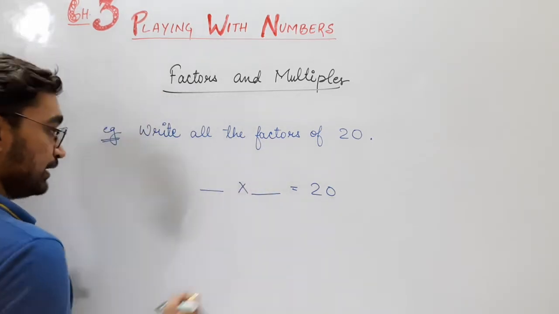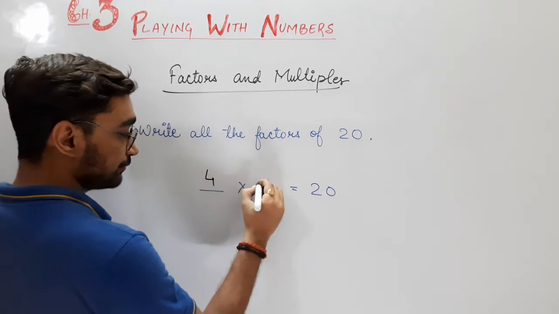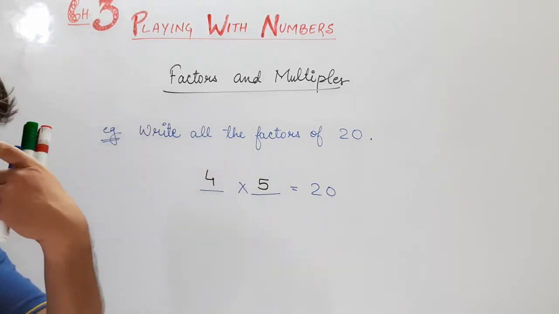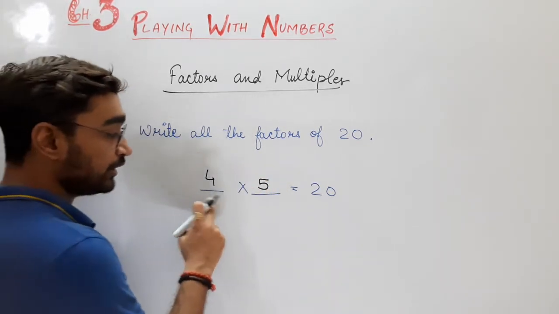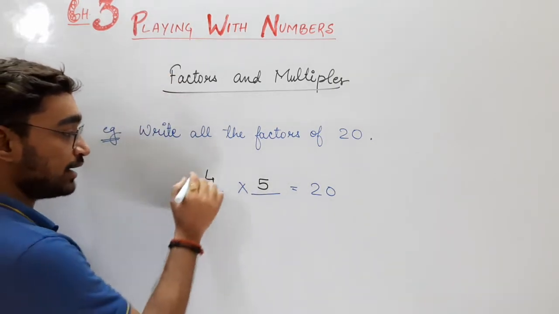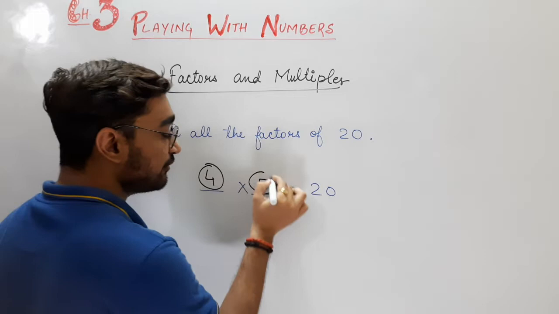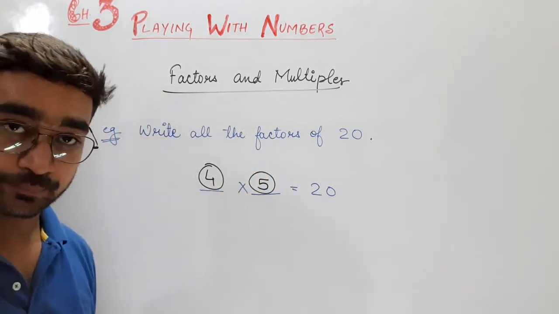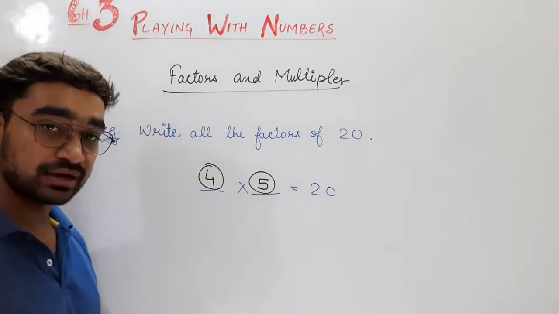Everyone can say that 4 and 5. Yes or no? 4 into 5 will give you 20. So we can say that 4 and 5 are the factors of 20.